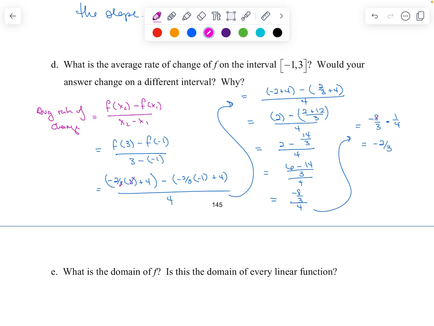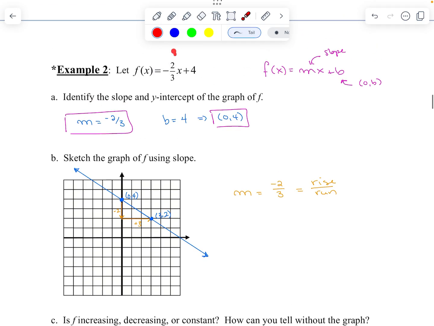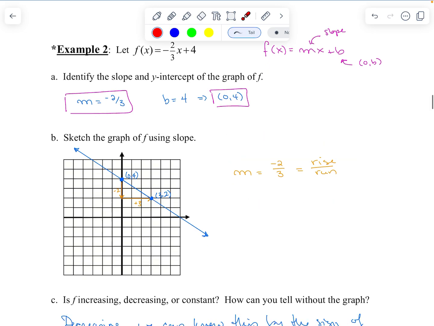That's all to show you that you're going to get back, going back to the beginning, the slope of the function. So what you see is it doesn't matter which 2 points you choose, any 2 points, you're going to have the same rise over run, which means you're going to have the same rate of change every single time.